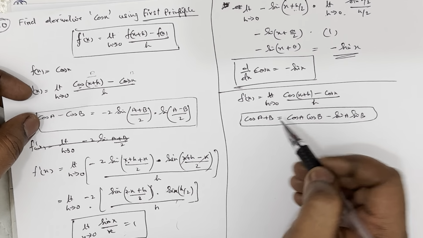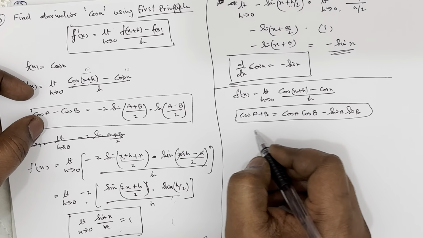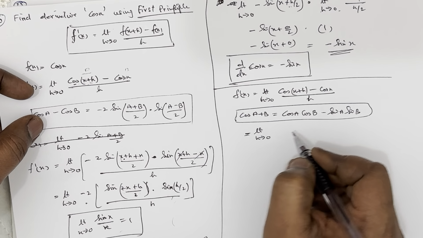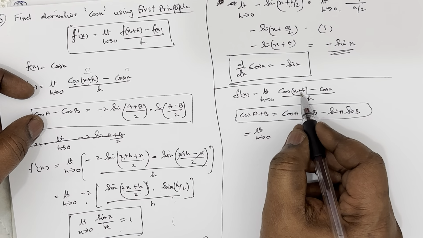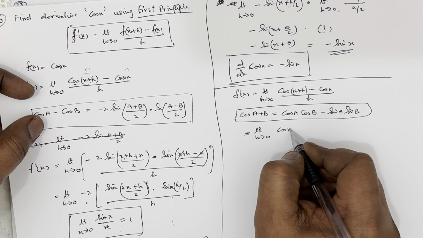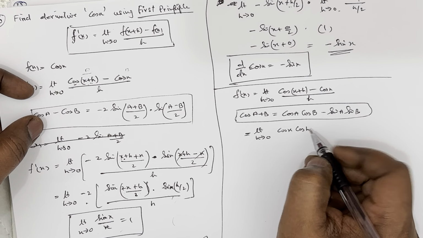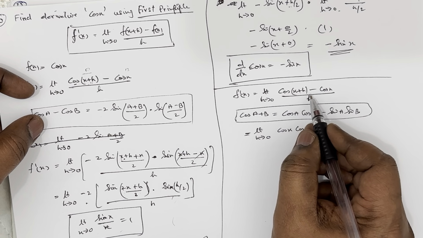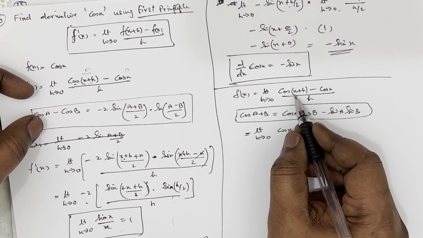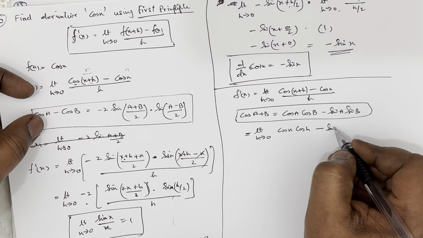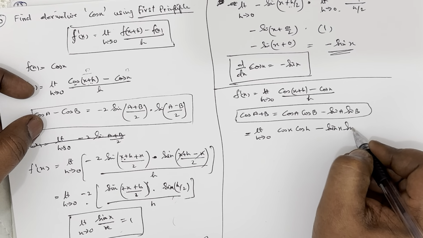Now this is limit h tends to 0, cos x plus h will become cos a cos b, cos x cos h, minus sin a sin b, sin x sin h.